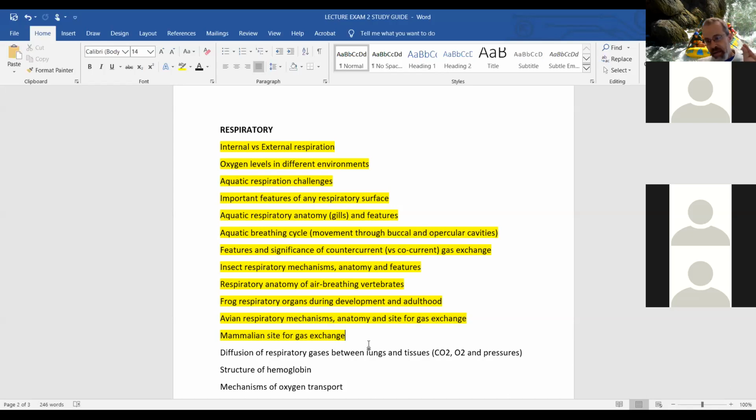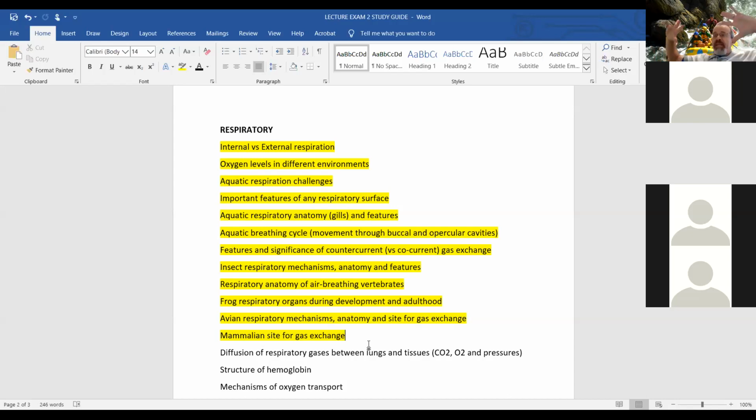In the case of fish, as well as, of course, birds, it goes in a particular direction. With birds, the air comes in through the mesobronchi, goes through the bronchi, goes to those air sacs. Remember I mentioned they're like a bellows.